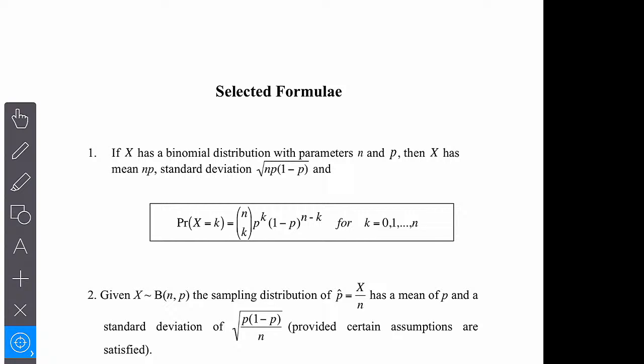The formula sheet tells us that X has a binomial distribution with parameters n and p, when X has mean np and standard deviation square root of np times 1 minus p. It turns out that a binomial distribution will have a symmetric single-peaked bell-shaped curve like a normal distribution in a specific instance.